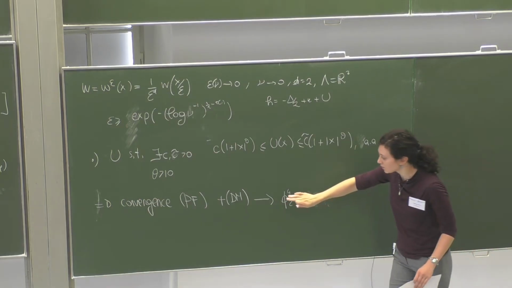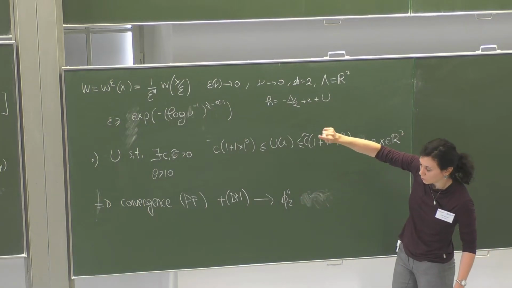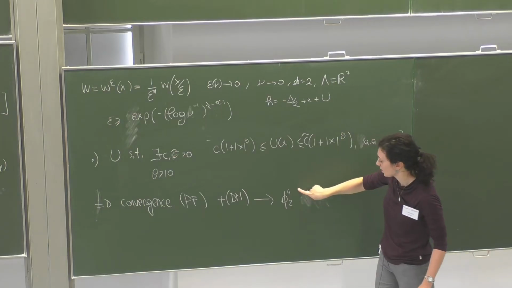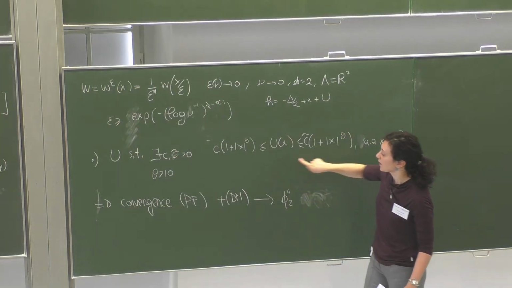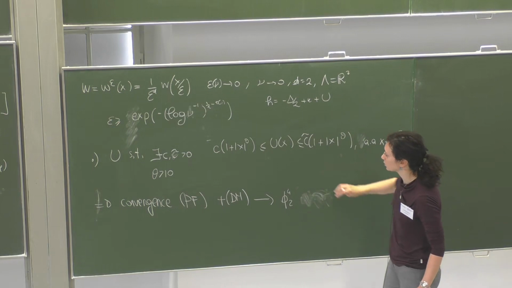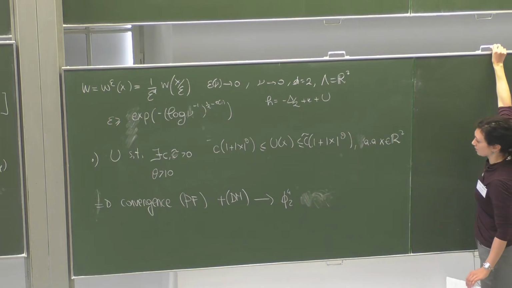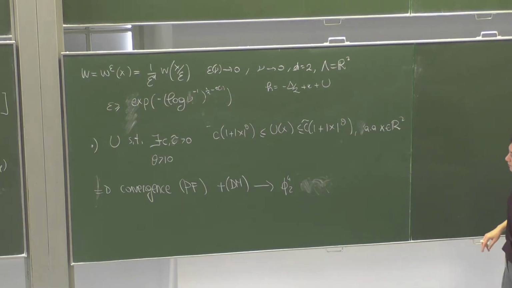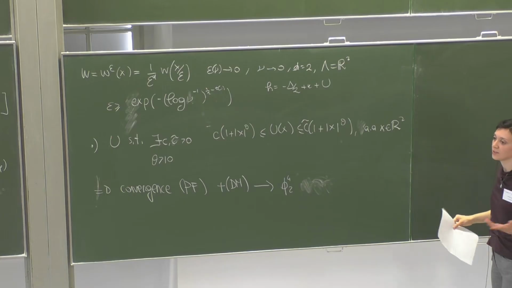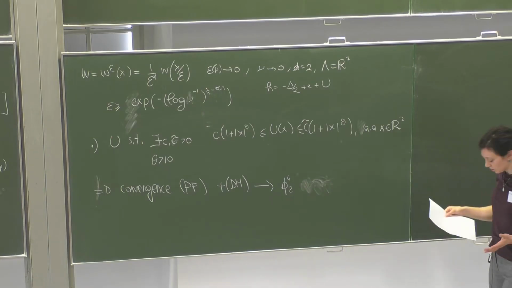So we have the convergence of the two objects over there to a phi for 2 interaction, and for sure we have some restriction on the external potential, which comes from the Green function bounds that we have with an external potential.